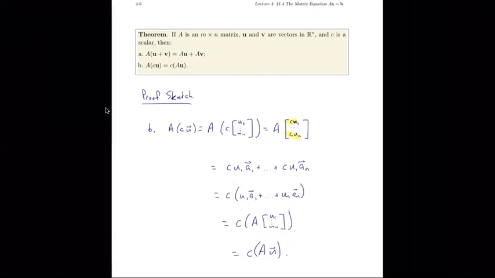Remember that the matrix product of A with a vector is the linear combination of the columns of A using the vector entries as weights. So A1, the first column of A, has c u1 as its first weight. And that's true for A2 and c u2, all the way down to An and c un.